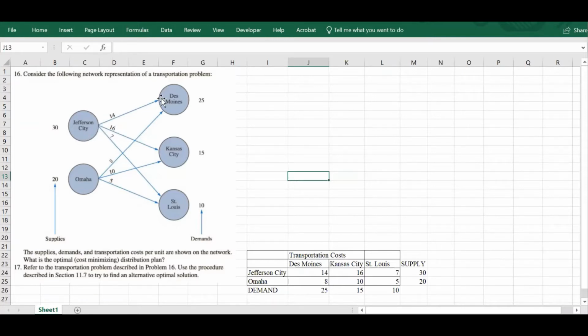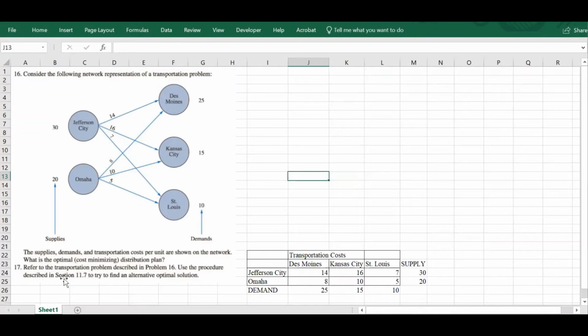And we also know the total supply available from each one of our suppliers, and also the total demand by each one of these customers. And these are just the names of the cities, right? The US cities representing suppliers and customers or buyers.